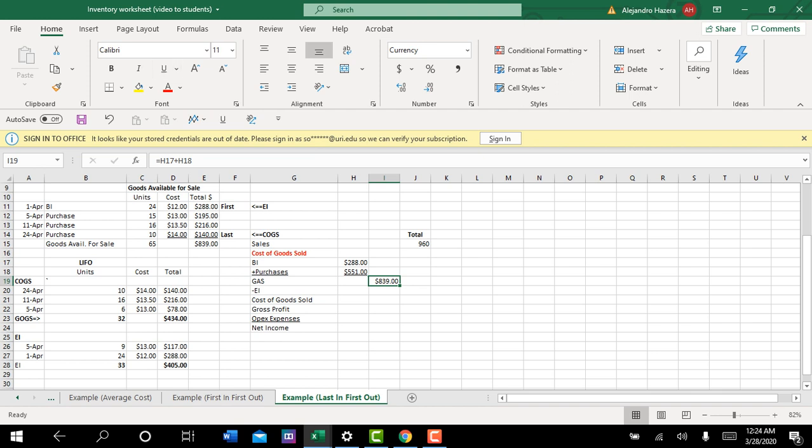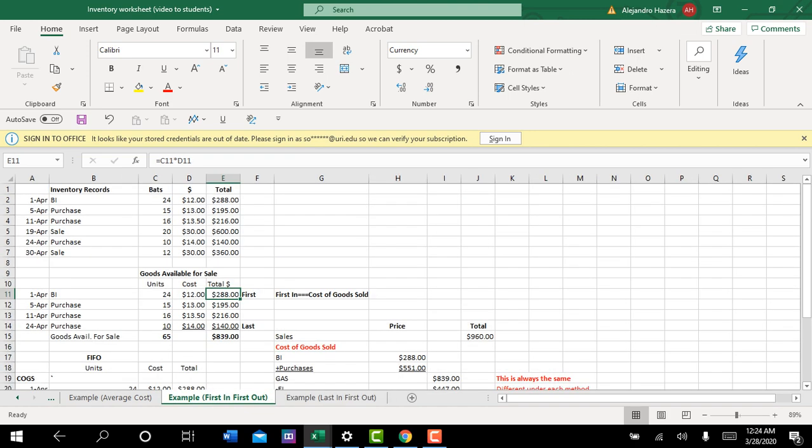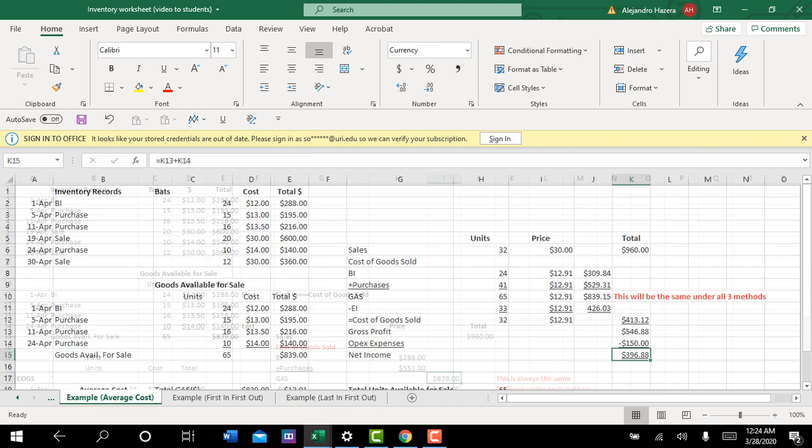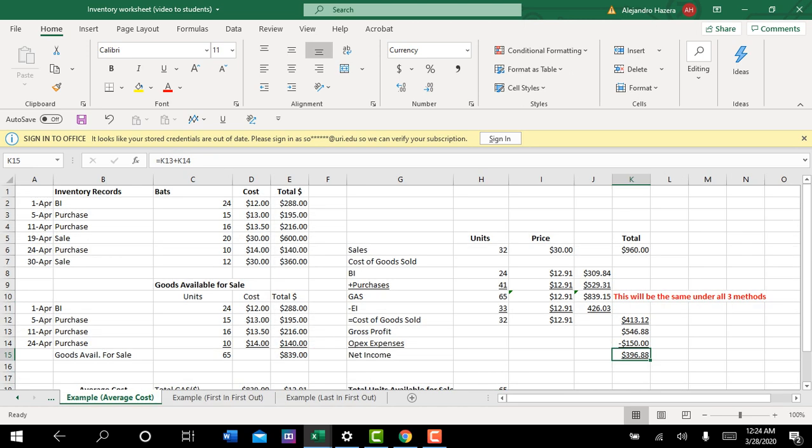There is $839 for FIFO, and even with weighted average, we had goods available for sale of $839. Okay, so that's reality. That doesn't change. What you pay for things and when you buy them doesn't change. What's changing is how we split the $839. Here we split it $426, $413. Under FIFO, we split it $447, $392. And under LIFO, we're going to split it differently too.